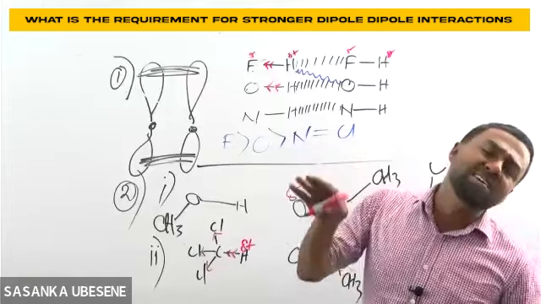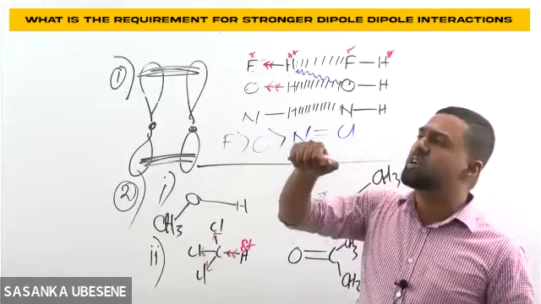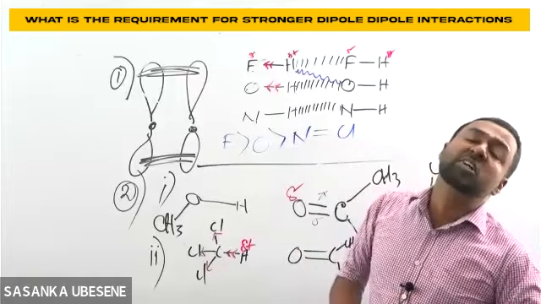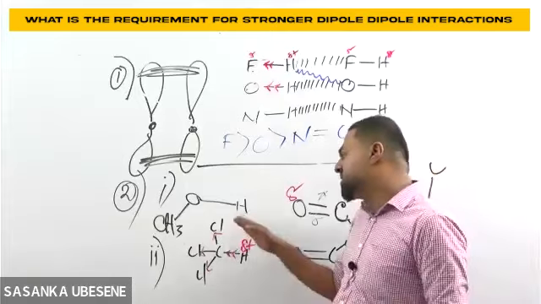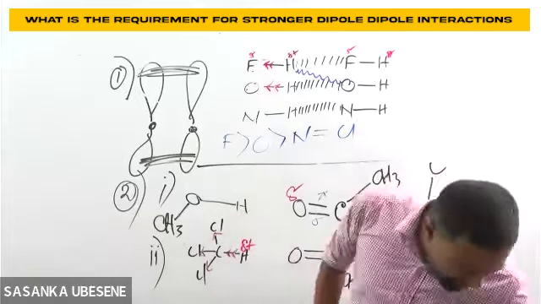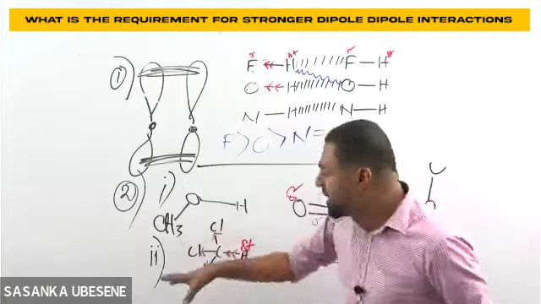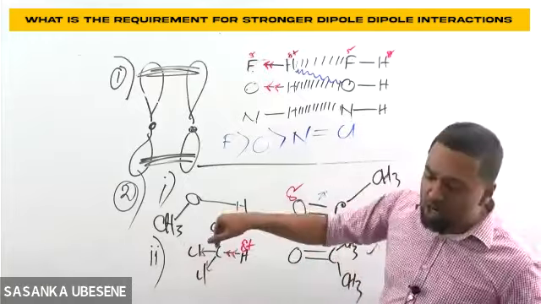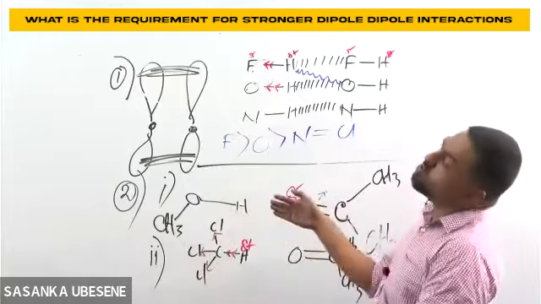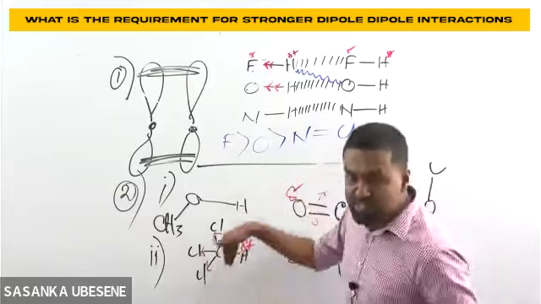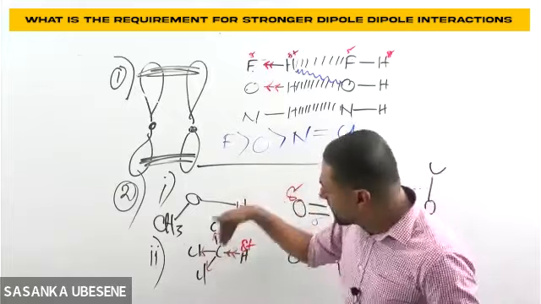What do you mean by electron deficiency? That means you have lesser electron density. So the three chlorine atoms withdraw electrons through the carbon-chlorine bond, and you have a greater electron deficiency on carbon.